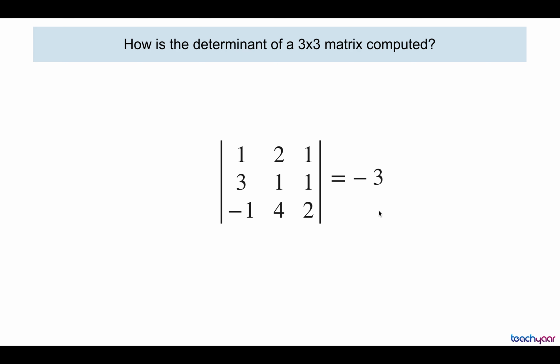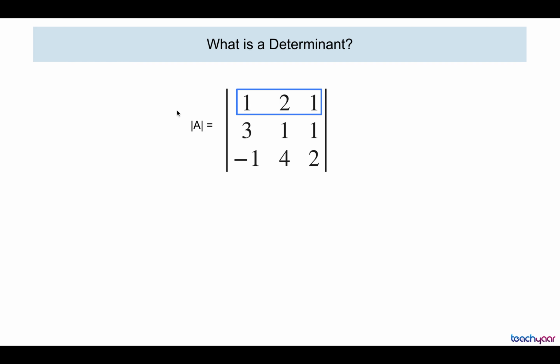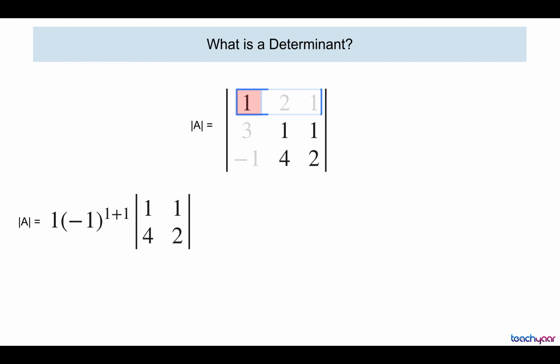So let's start with a simple approach. Take the first row of the matrix, and we're going to use that row and its cofactors to compute the determinant. So you take the first element, that's 1, and you multiply it by the cofactor. Now, if you do not remember what the cofactor is, the cofactor of a11, which is this element, is you remove that row and that column.